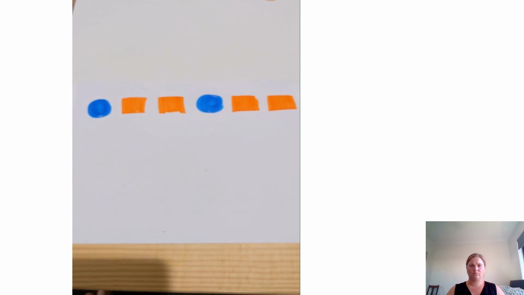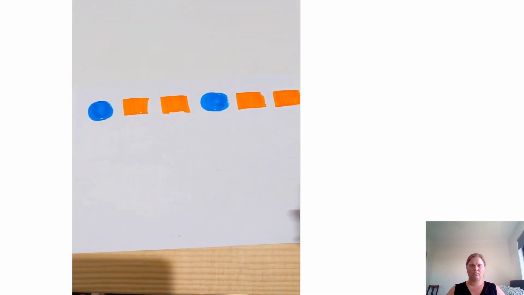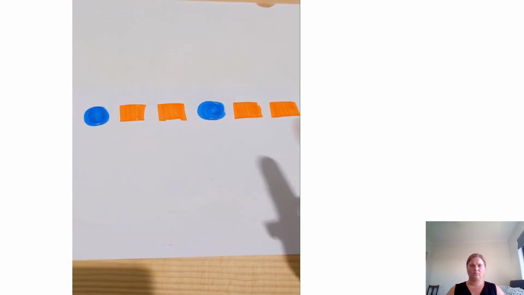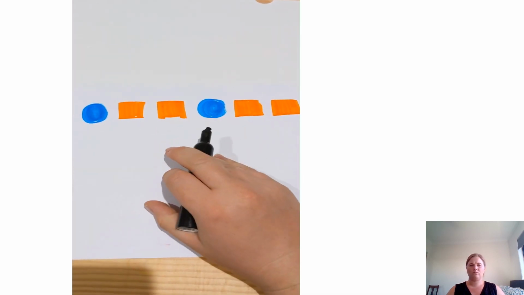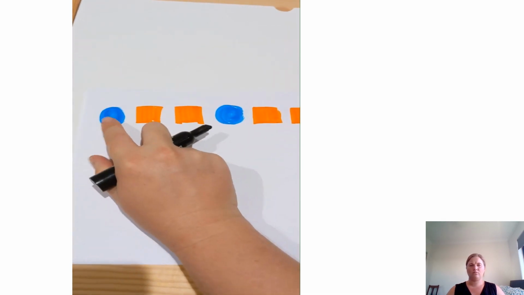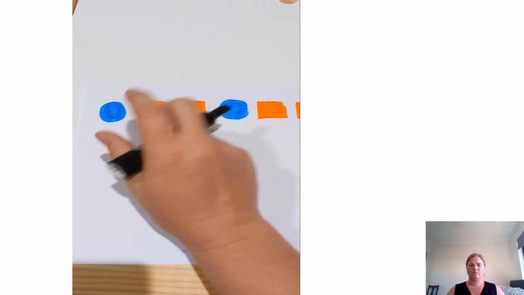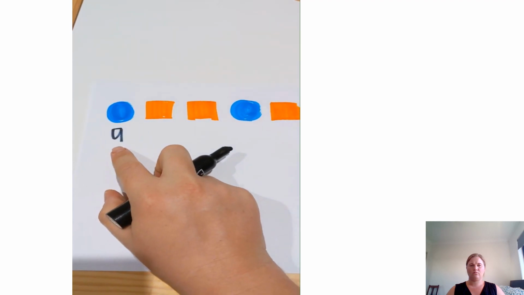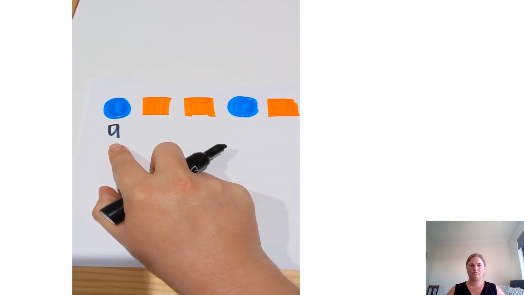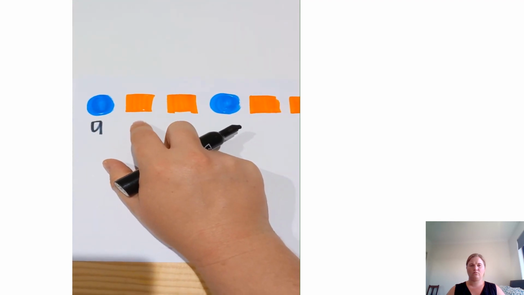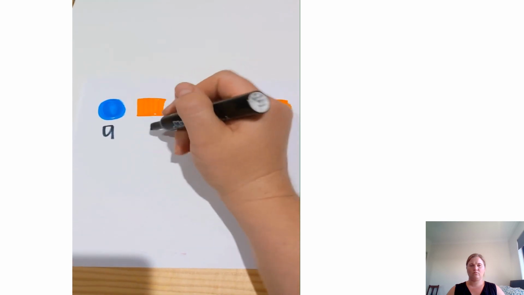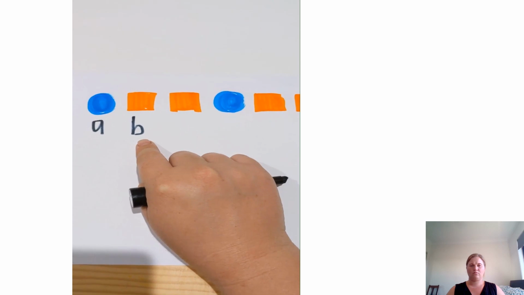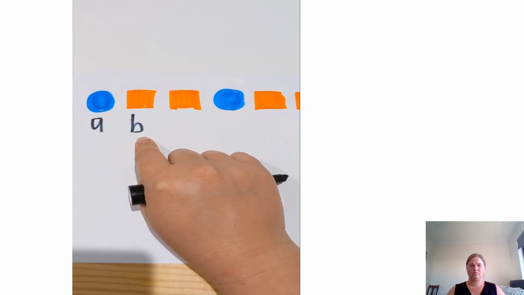But if I wanted to explain my pattern in another way, I can use letters to represent each colour or each shape in this pattern. So when I have a blue in this pattern, I'm going to use the letter A to represent my blue or my circle. Every time I see an orange or a square, I'm going to use the letter B to represent that colour or shape.